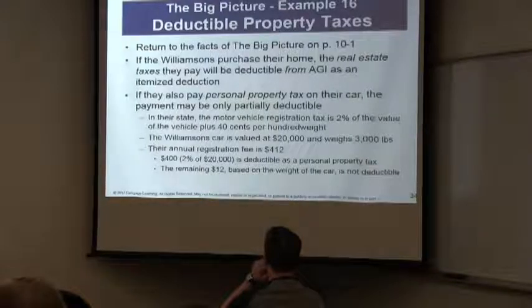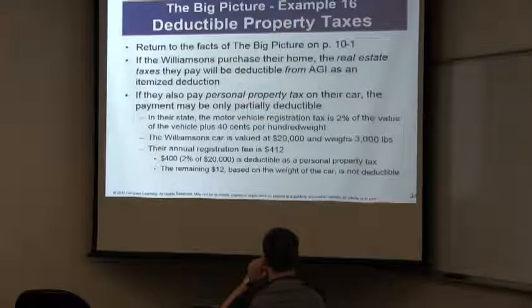So this state basically has two ways that it's taxed. They tax 2% of the value of the car and 40 cents per hundredweight. This taxpayer pays $412 last year in property taxes for this car.